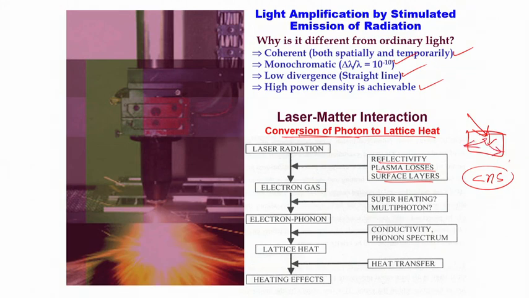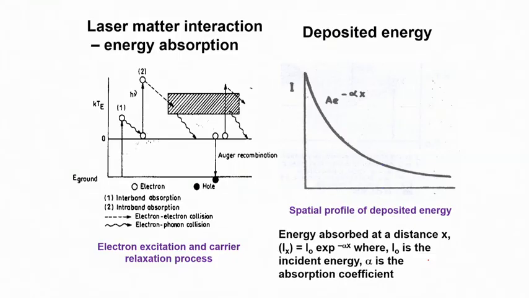That is essentially dictated by the thermal conductivity of the material and so forth. So that's how we create the heating effect. Conductivity or heat transfer coefficient will determine how soon that heating actually occurs.